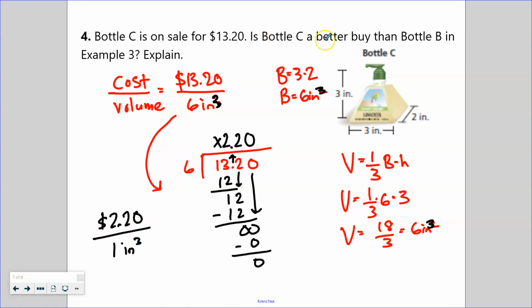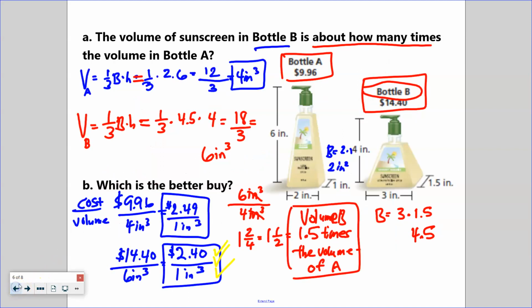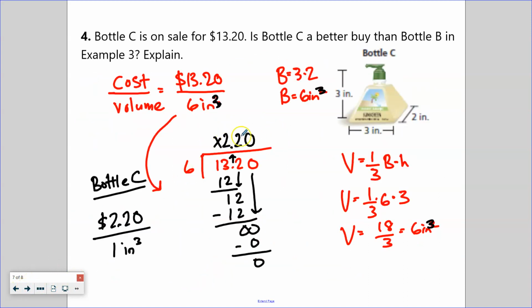And so we say, is bottle C a better buy than bottle B? So this is bottle C, and bottle B was $2.40 per cubic inch, and bottle C is $2.20.